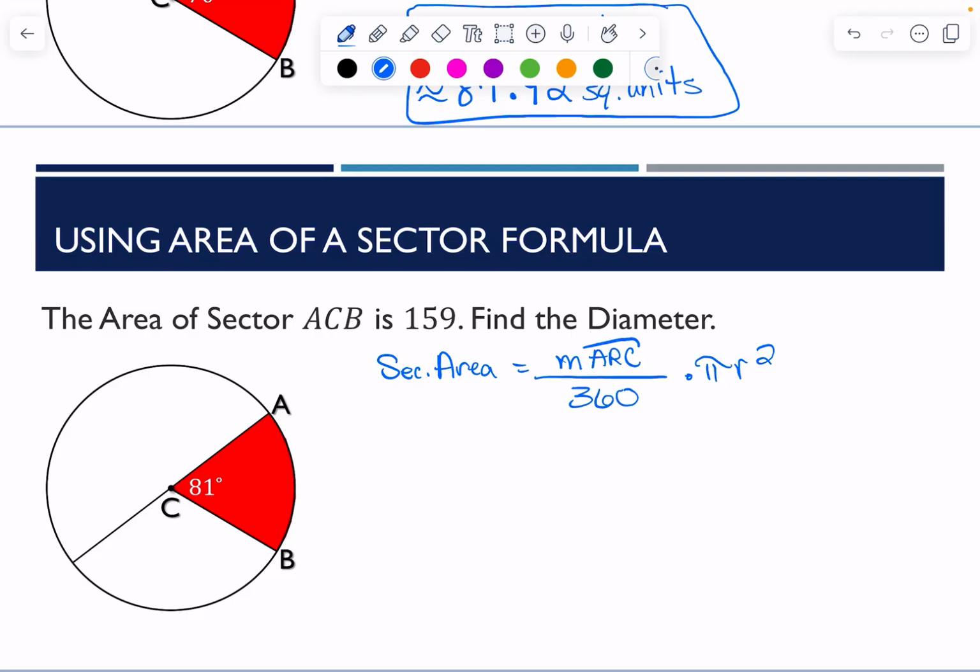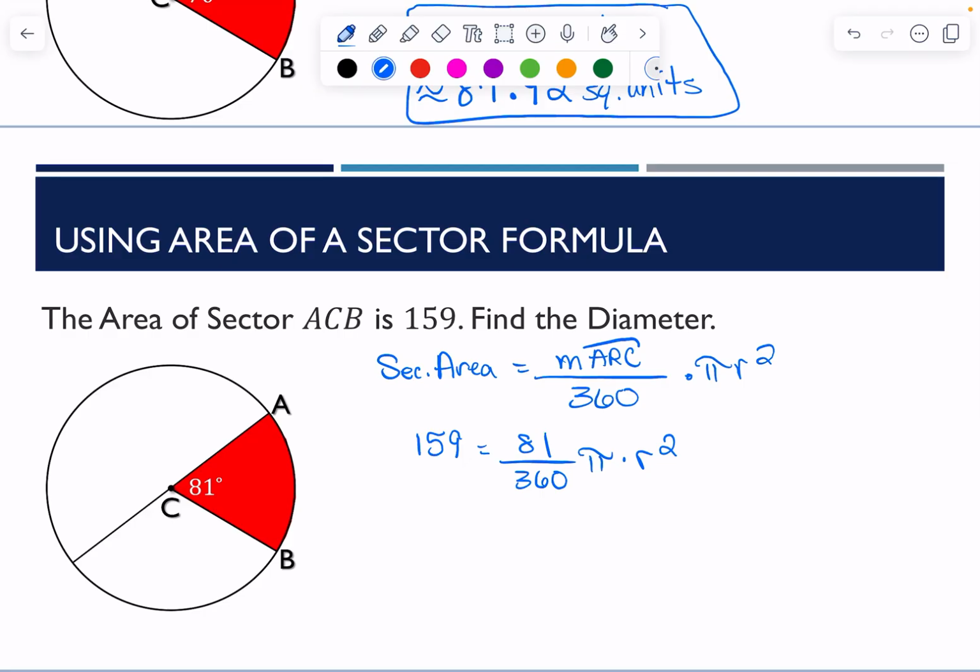So if we plug in what we know, then this is 159 is equal to 81 over 360 pi times radius squared. So at that now, we would simply start in to solve.